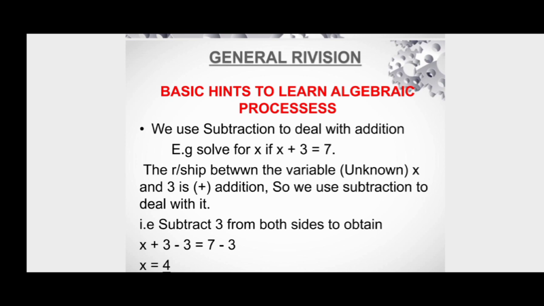So the relationship between x and 3 is addition. And hint number 1 says we use subtraction to deal with addition. So to remove this addition, we have to apply subtraction. That is, subtract 3 from both sides.